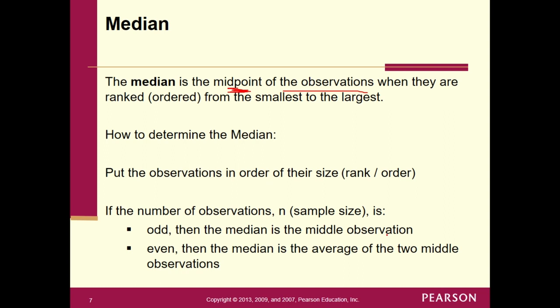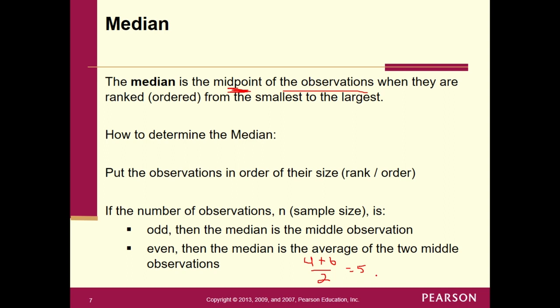And if the number of observations n is even, then the median is the average of the two middle observations. Let's say the two middle observations are 4 and 6. To average them you add them together and divide by 2, and you get 5. That's what I mean by averaging the two middle observations.